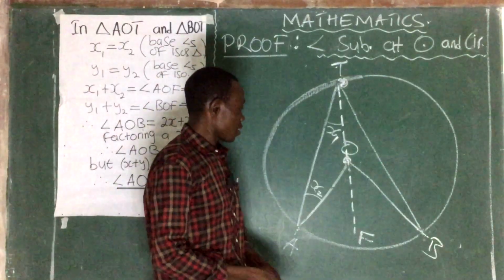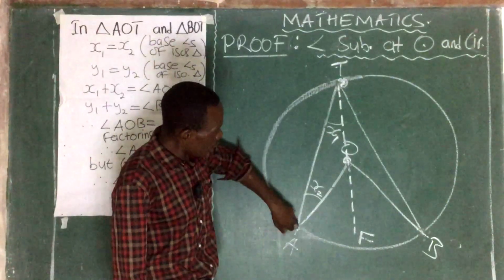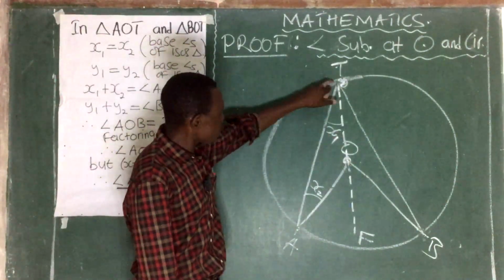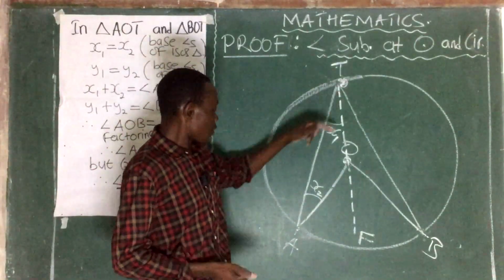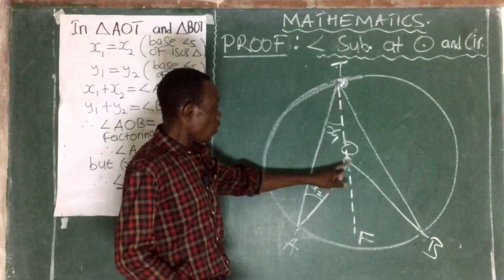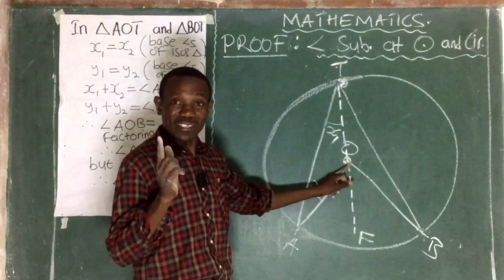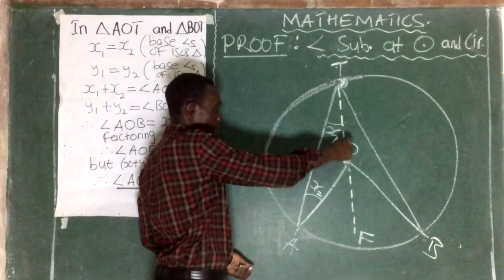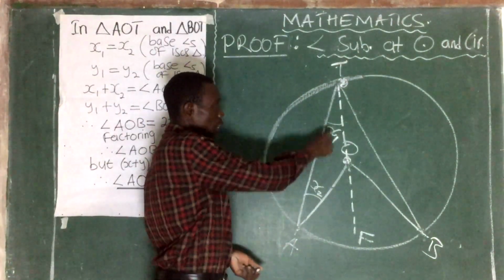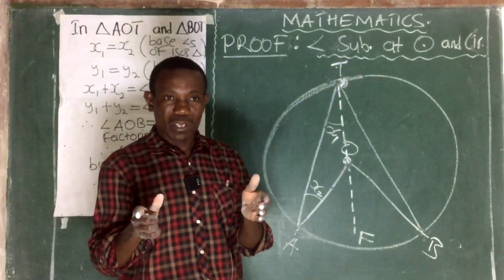Right. Look at triangle A, T, O. You bear with me that this triangle ATO is a certain type of triangle known as an isosceles triangle. Look at the sides OT and OA. These two sides here are radii.